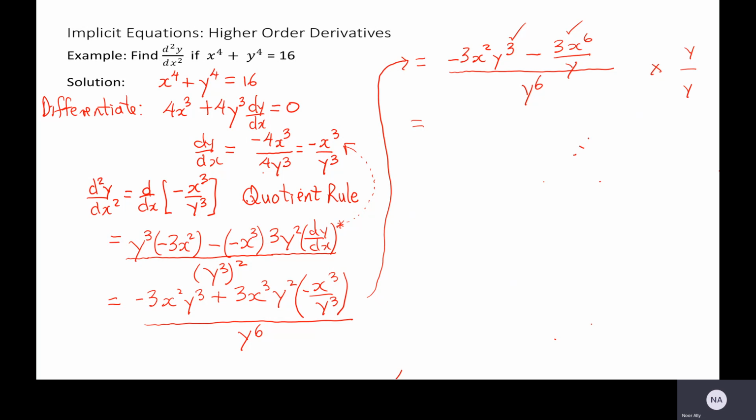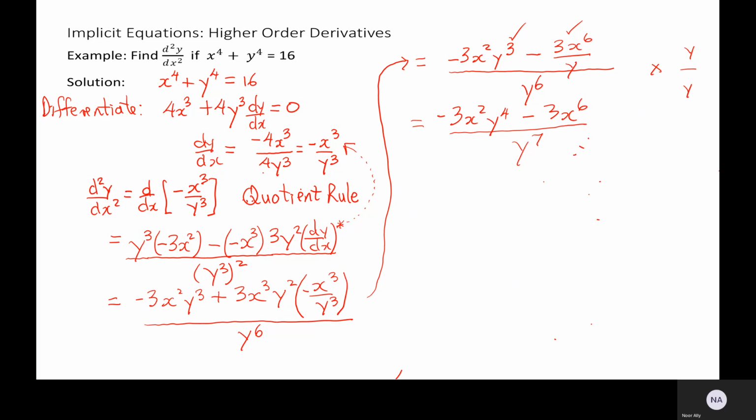So y times minus 3x squared y cubed is minus 3x squared y to the 4th. 3x to the 6 over y, the y's cancel off, minus 3x to the power 6. And at the bottom, y to the 6 times y, y to the power 7.